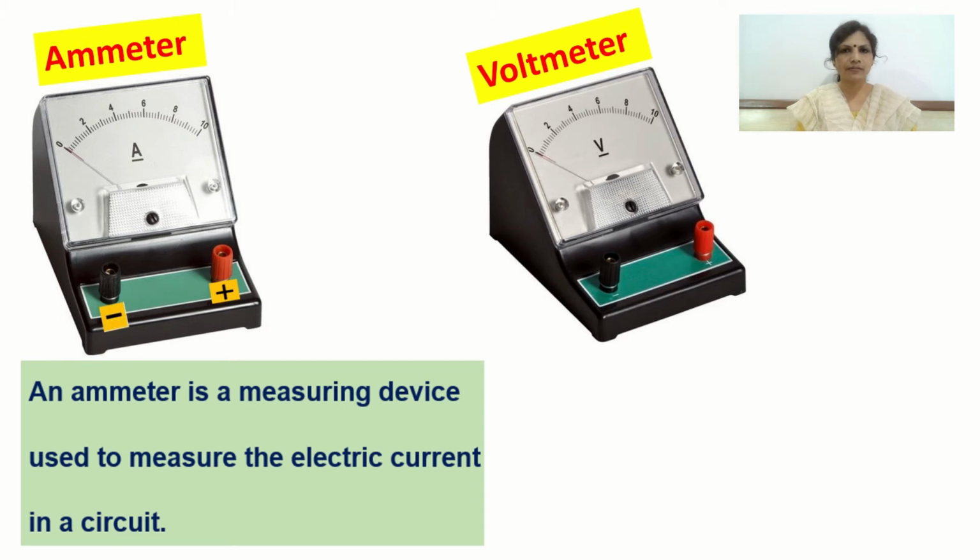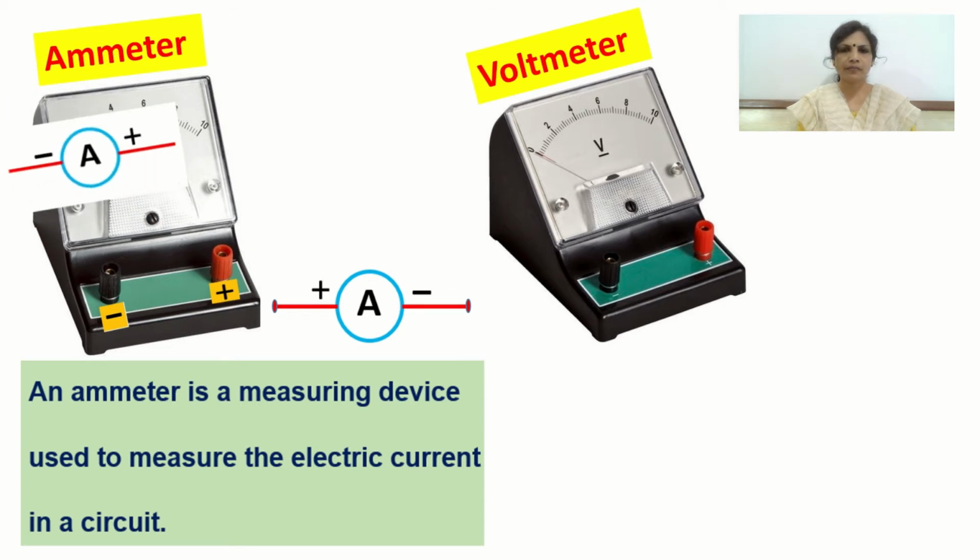When we have to show this ammeter in an electrical circuit, we make use of this symbol. Now, according to the polarity which is shown here on an ammeter, we will make a symbol in this manner.